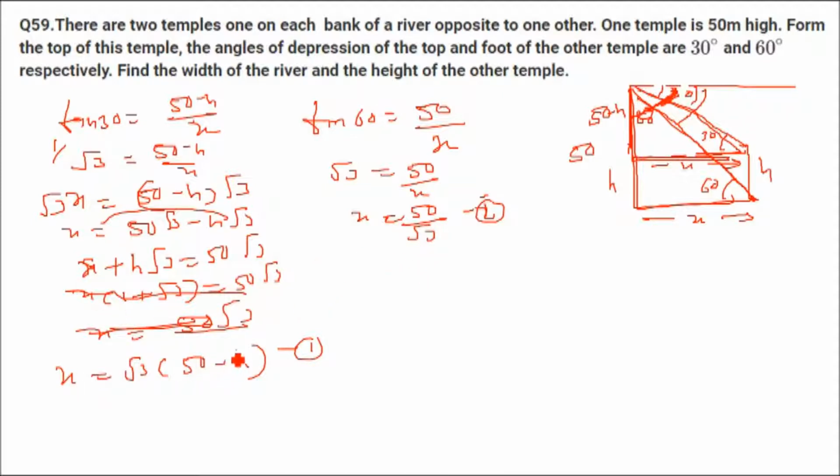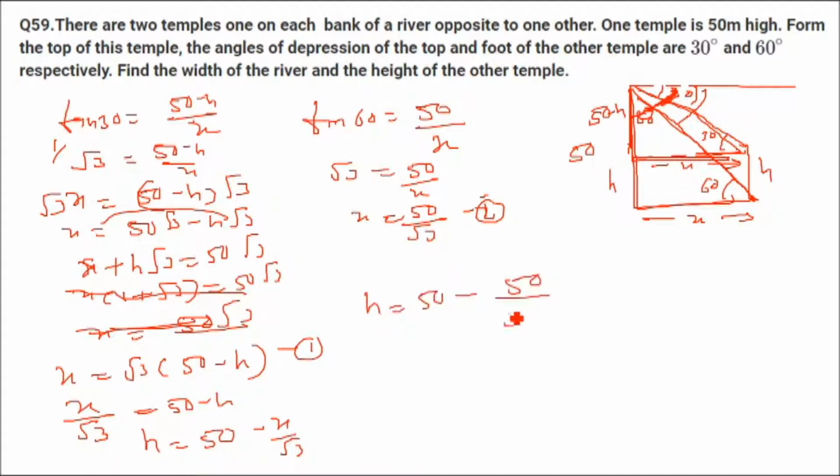But in order to find h, what do we get from here? x by root 3 will be equal to 50 minus h. So h will be equal to 50 minus x by root 3, but x is 50 by root 3. So h is 50 minus 50 by root 3 times root 3, and root 3 into root 3 is 3.